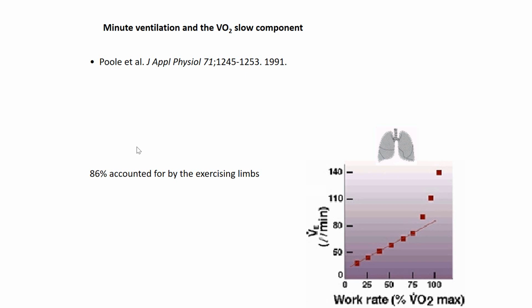And when they measured the oxygen going into the exercising muscle, and then they took venous draws, what they could basically do statistically was account for 86% of the amount of oxygen entering and leaving the muscle, and how much of that was attributed to the slow component was due to the limb, the muscle itself, and then that left about 14% unexplained, where is this oxygen being consumed.